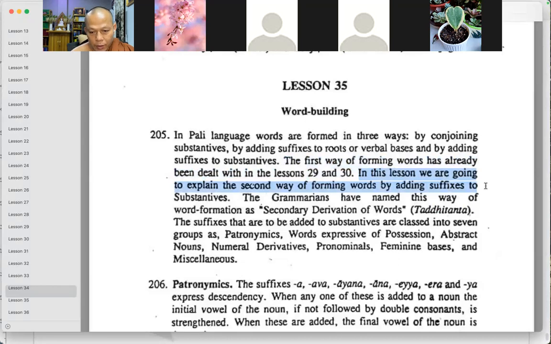The grammarians describe three ways: conjoining, adding something to the root or vowel base, and adding a suffix to the substantive. But here, the second way is referring to adding suffixes to the substantives.